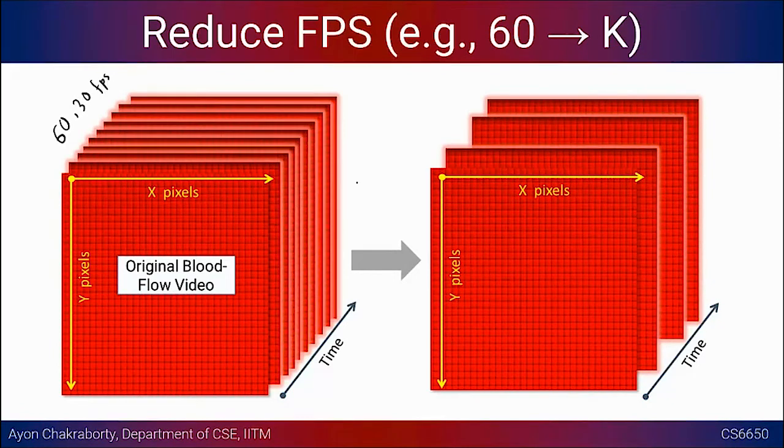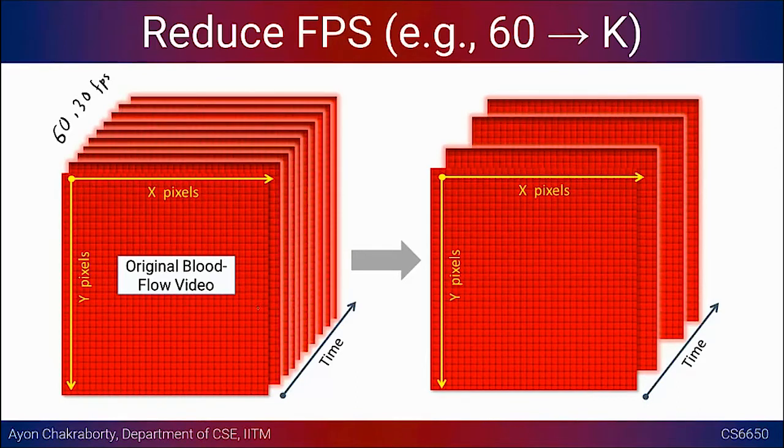The first one is subsampling the video in terms of frames. As you can see, processing 60 or 30 frames per second, where each frame is also very large, is just going to be resource intensive. Let's suppose we are actually implementing this optical PPG thing in an IoT device.